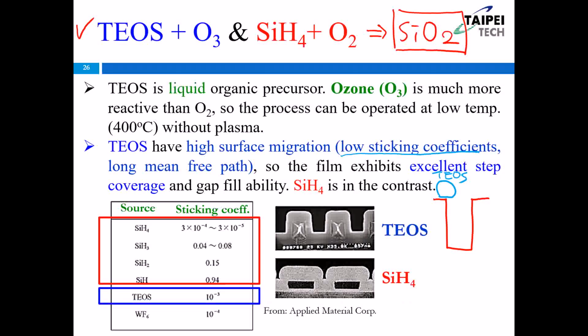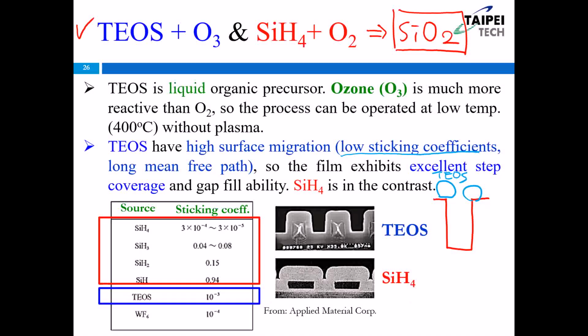It means that although the TEOS is on the top corner here, the precursor is very easy to remain in the top corner because the top corner has a large contact angle. So the precursor is very easy to stay in the top corner.